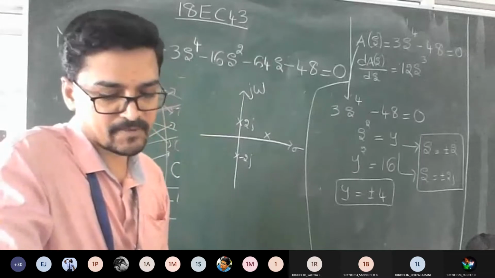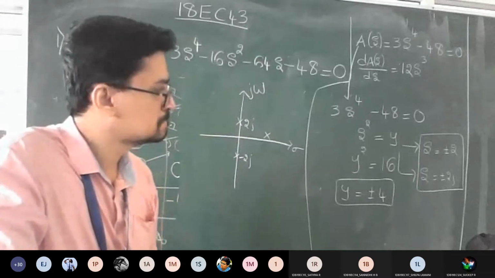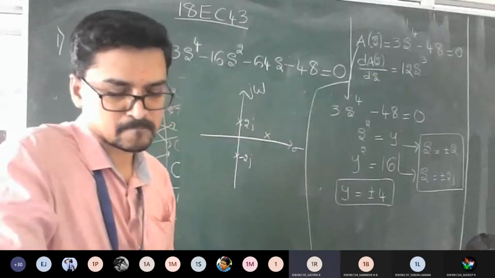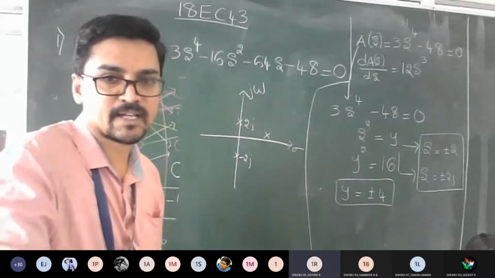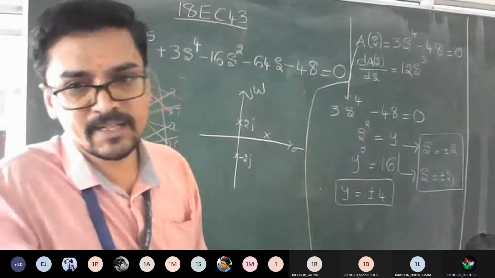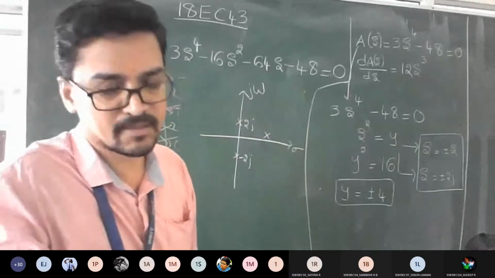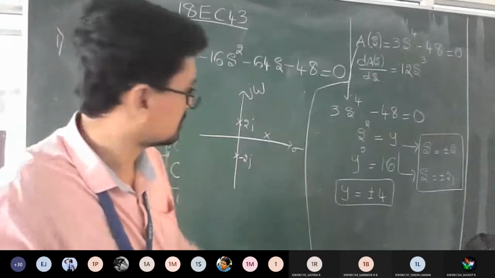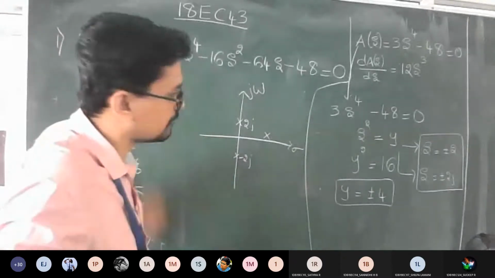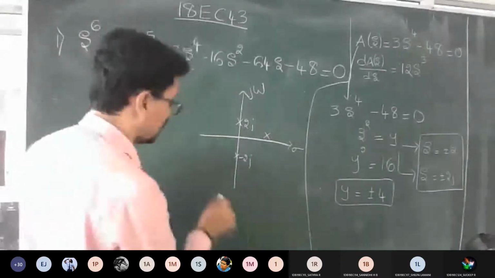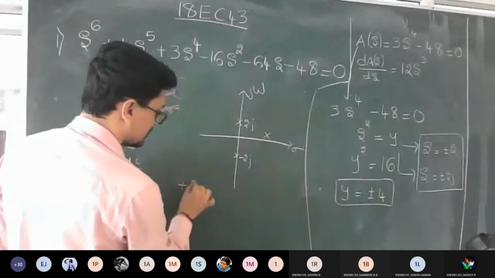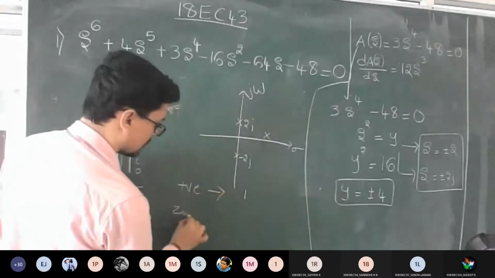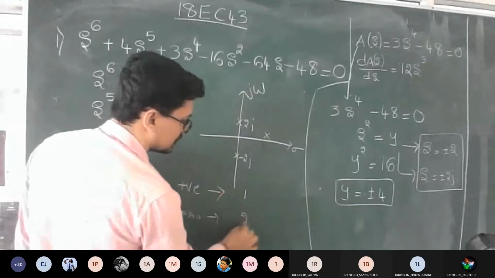Is it fine till here, everyone? Yes, sir. Okay, now listen carefully. In order to find the negative real roots, you just need to make a formula here. We just found positive roots: 1, and zero real roots: 2.